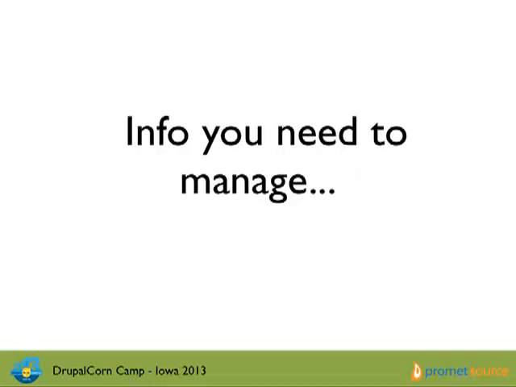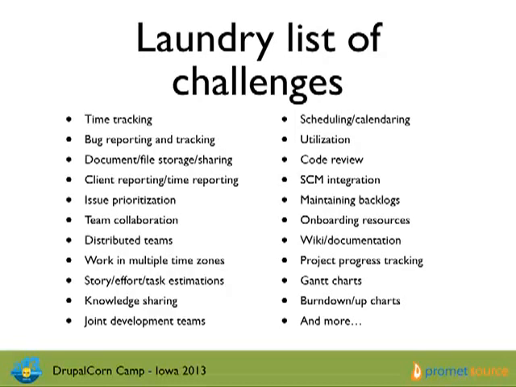So, information you need to manage. Here we go. It's a big list. If you are running projects or multiple projects, there are a lot of things you may need to do. Some of this changes depending on what your role is and your involvement. Obviously, roles between a project manager, a developer or an organizational manager may have different things they're focused on. But you can see there's a ton of stuff.